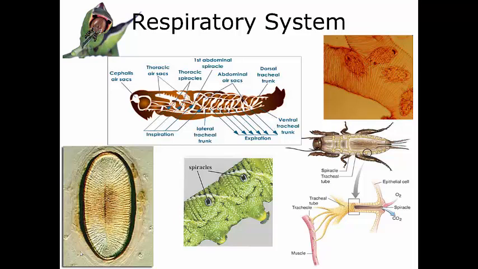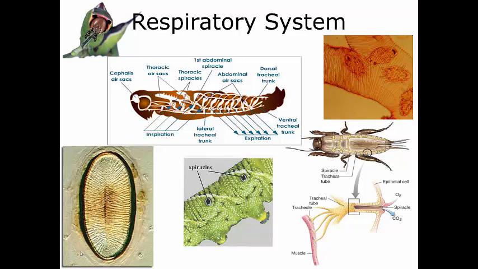So the oxygen requirements of different tissues dictate the number of tracheoles that are attaching to those tissues. The tracheoles are filled with fluid, with hemolymph. This will allow oxygen to diffuse further and go to the right place so that they can take the oxygen exactly where it's needed within the insect body.